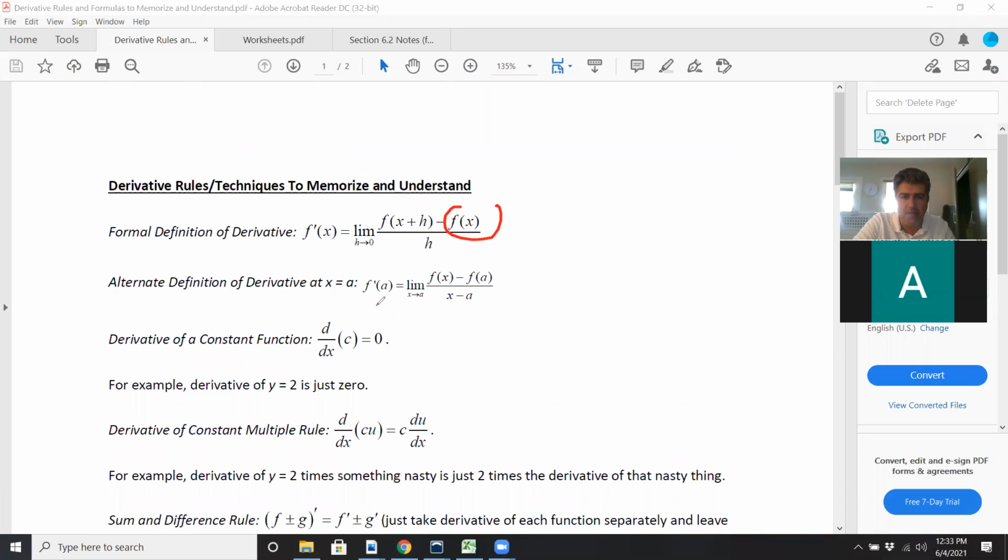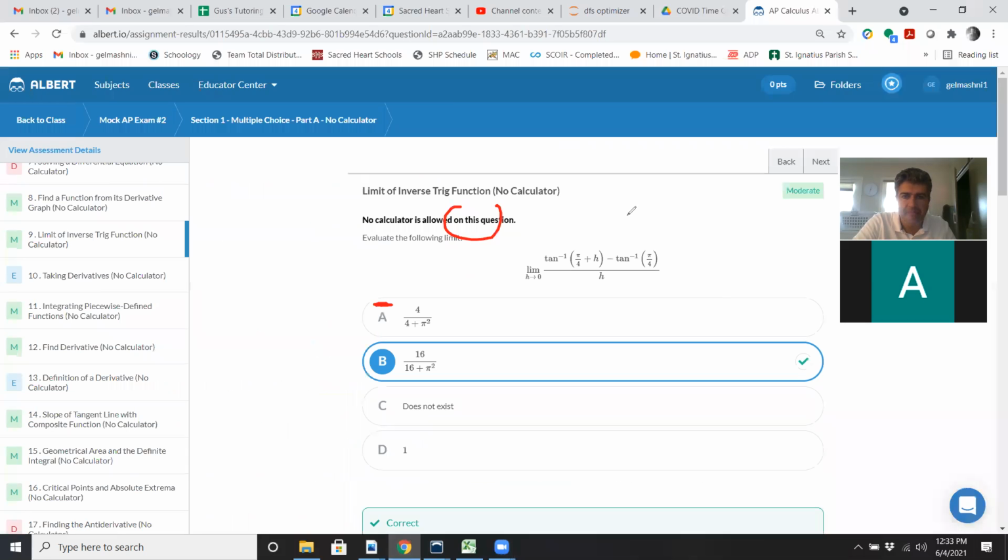Or if you're putting something in, the number you're plugging in is going to be inside the parentheses for f of x. So in this case, our function is going to be inverse tan of x. And this represents f prime of pi over 4.